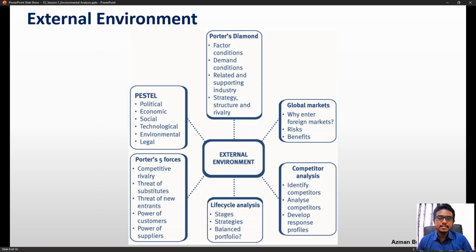Then obviously the competitor analysis, which we will link to strategic options evaluation and strategic options generation. We are looking at a business through the competitor lens and identifying how competitors compete with us, which is one aspect we will pay attention to. So on that note, let's take a look at the key tools that are available for external environmental analysis.